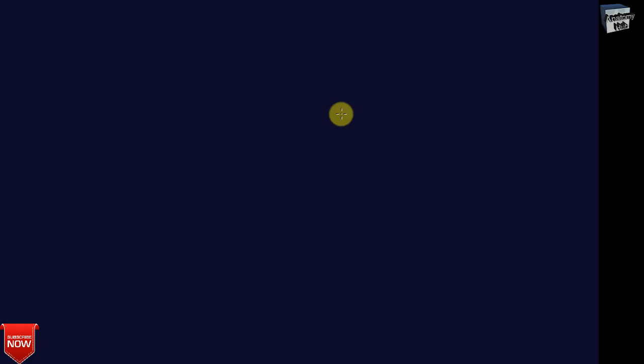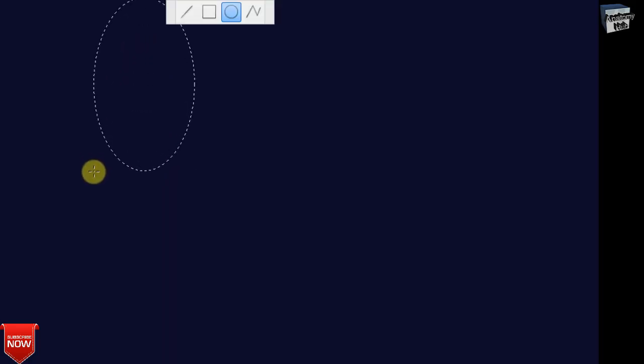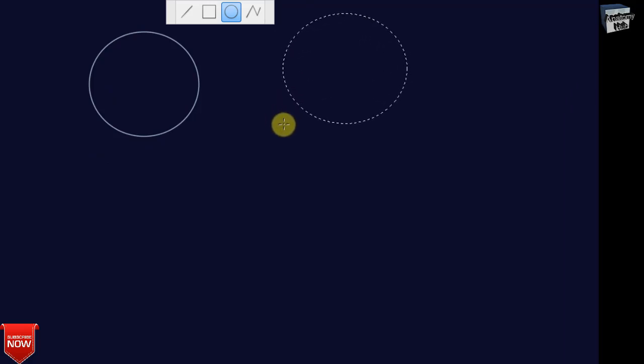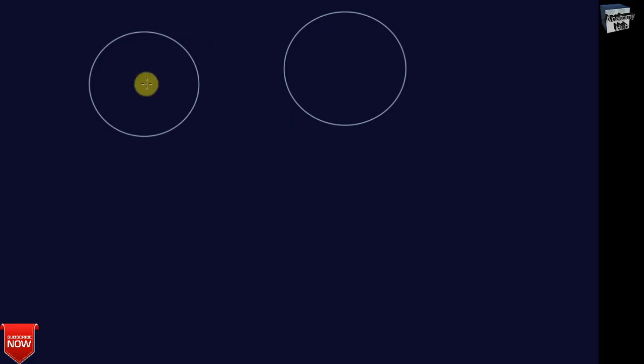Before that you should know, here is your eyeball and the retina that we will draw here. Here you will find one retina and here you will find the other one. At the center there is the fovea centralis.